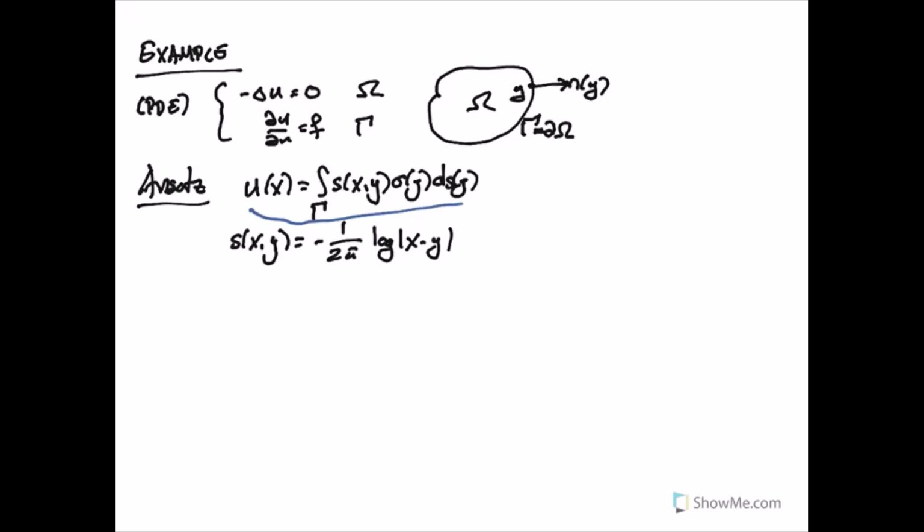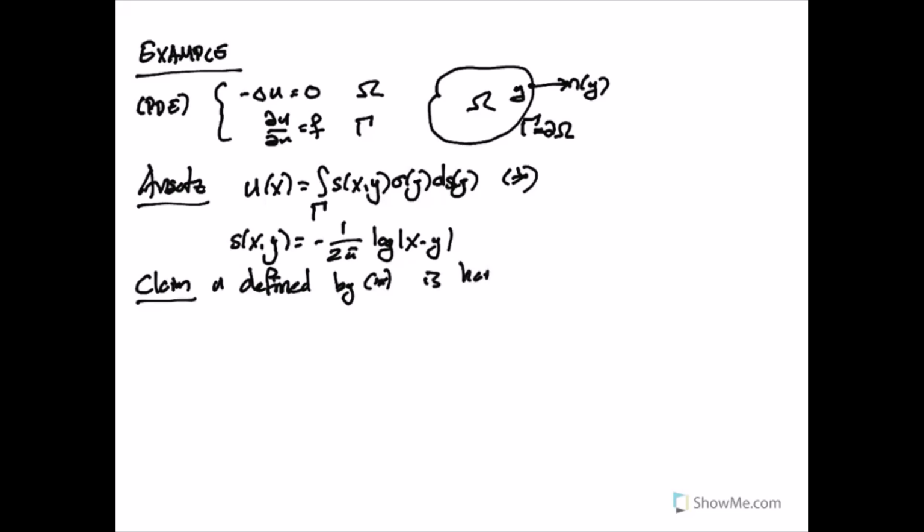So we make this ansatz like that, where S again is the single layer potential, just the fundamental solution associated with the Laplace equation. And just as before, we have a claim that u defined by star is harmonic in omega. So that works exactly as before.